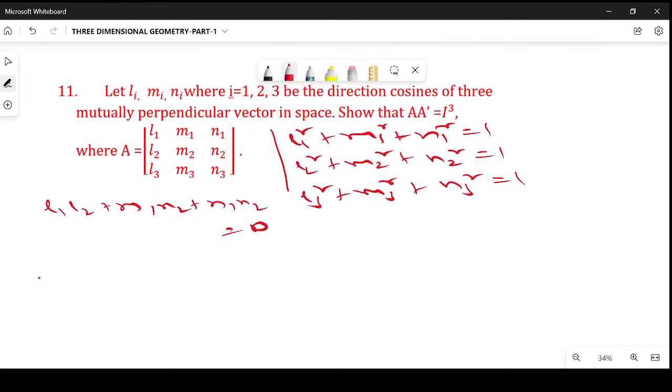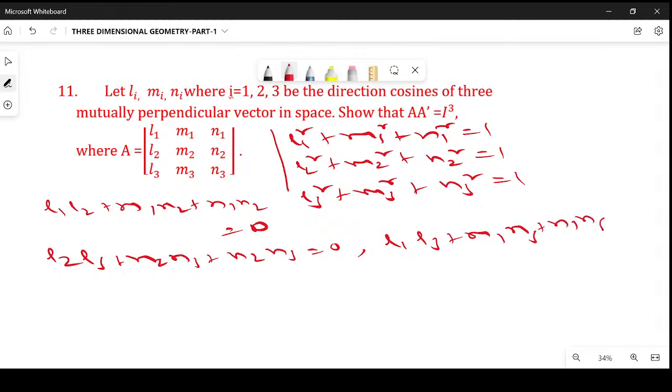Same thing, I can also write L2 L3 plus M2 M3 plus N2 N3 equal to 0, mutually perpendicular. Again I can write L1 L3 plus M1 M3 plus N1 N3 equal to 0. Since mutually perpendicular, for direction cosines, always this property we can write. All the L1 M1 N1, L2 M2 N2 are direction cosines.